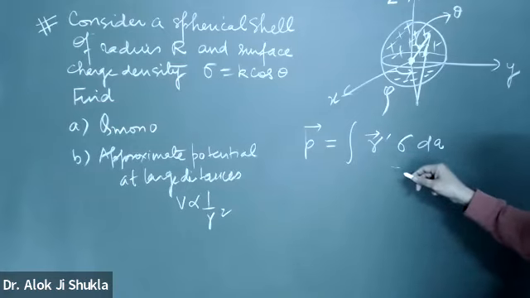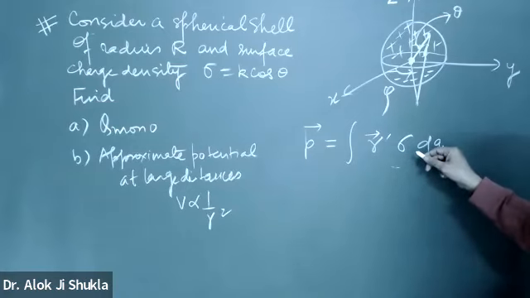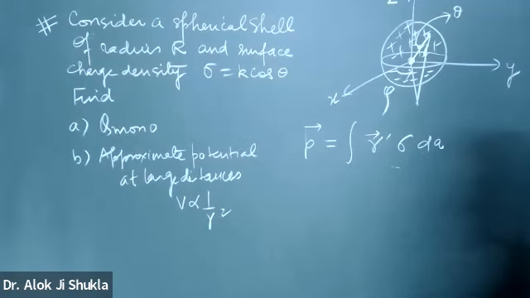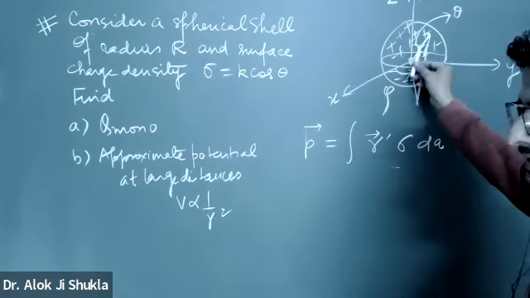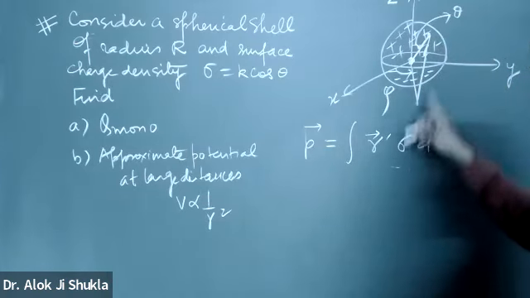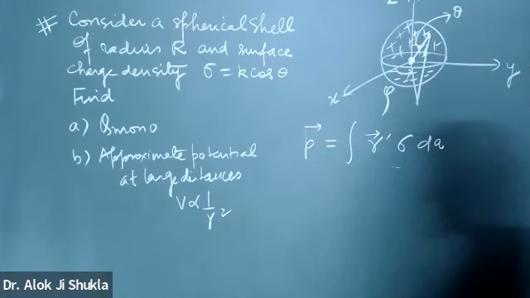Sir, in the continuous case there will be cos theta, right? Well, I mean there is a dot product. I will just resolve it into different components. Because please see, the charge is changing, so I can't integrate before I resolve it.